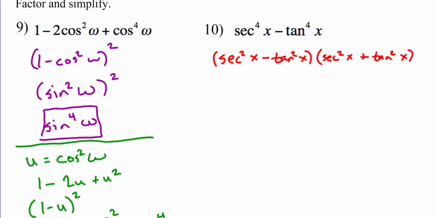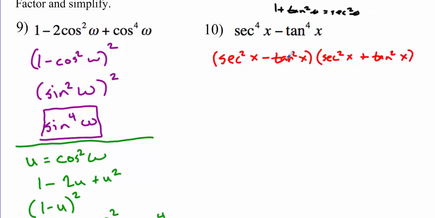Now, again, if you think back, we have a Pythagorean identity that says 1 plus tangent squared theta equals secant squared theta. Seen that one a few times today, and we'll see it some more. But here's the deal. If I rewrote that, I could rewrite it as secant squared theta minus tangent squared theta equals 1.